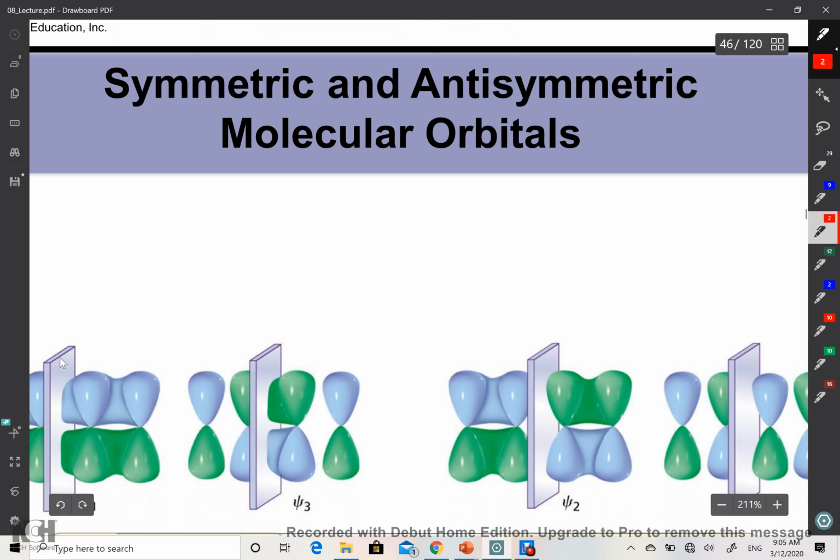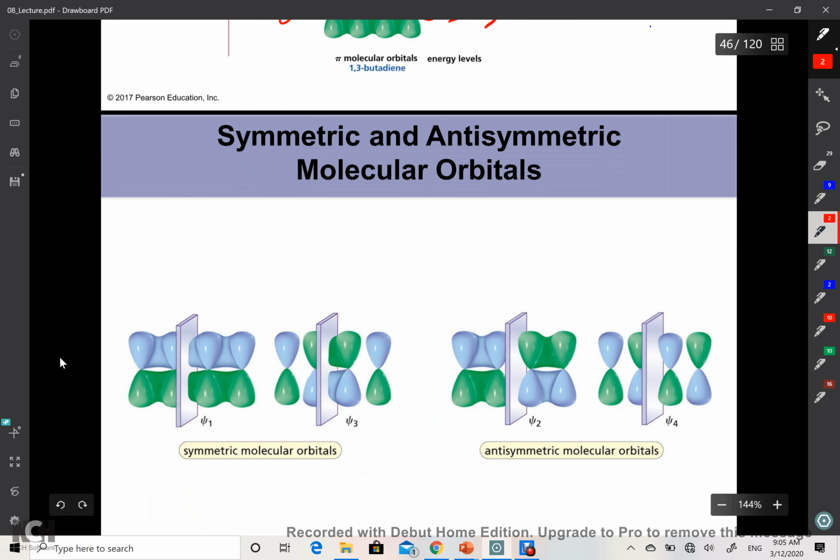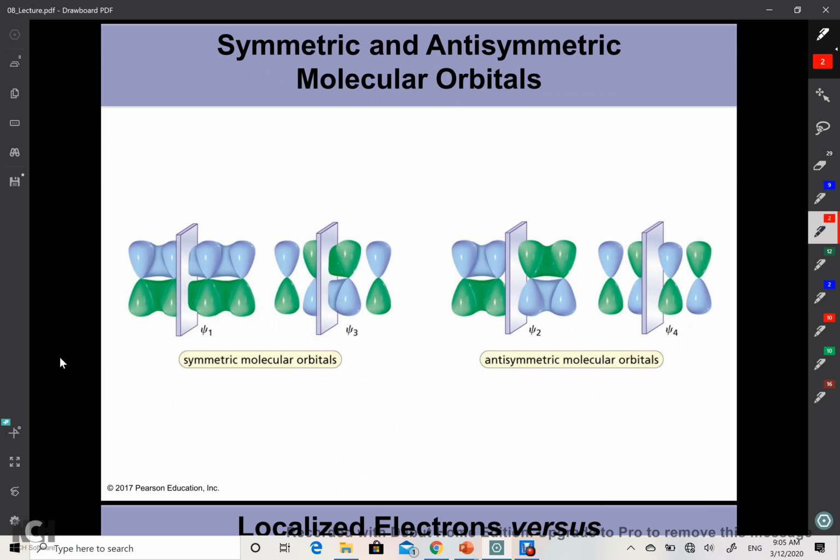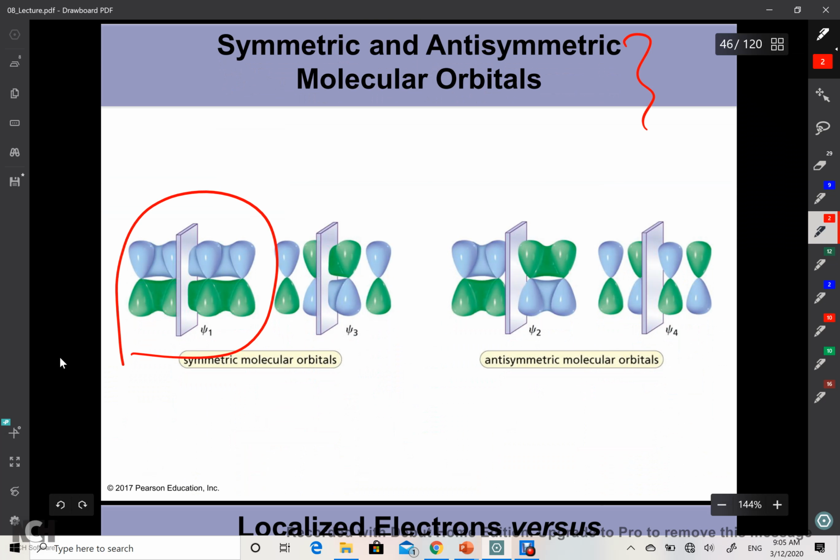So the next couple of slides basically explain what we've done already. This slide explains what a symmetrical orbital is and what an anti-symmetrical orbital is. This orbital here is symmetrical. This other orbital here is anti-symmetrical. Like I said, don't only focus on the first and the last orbital.